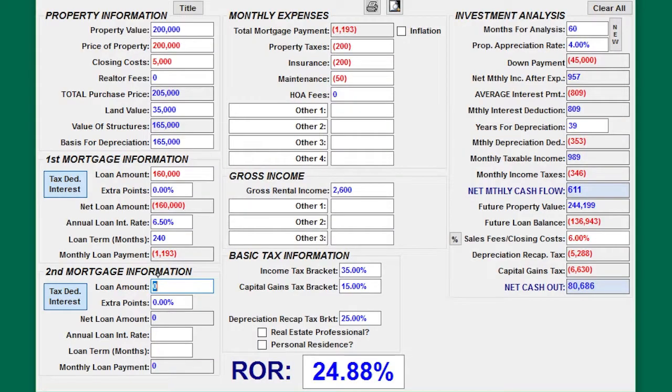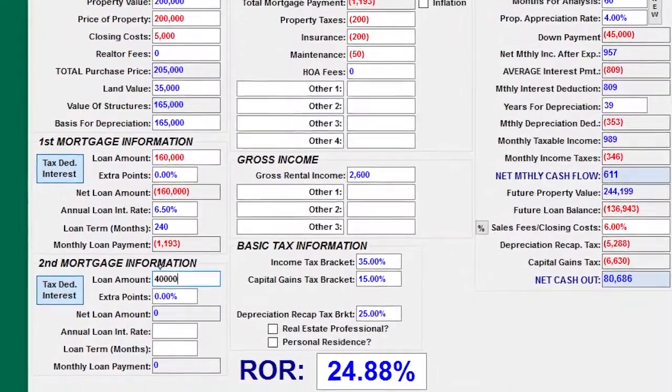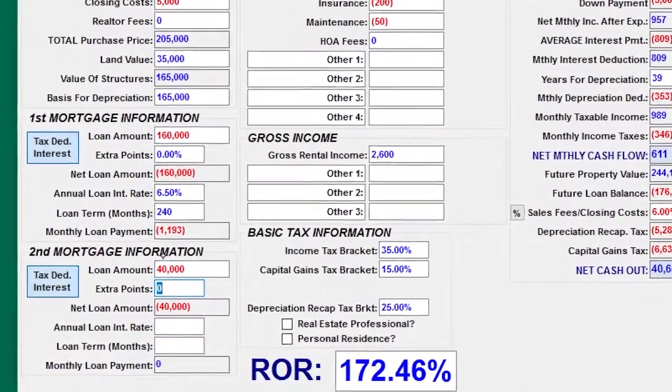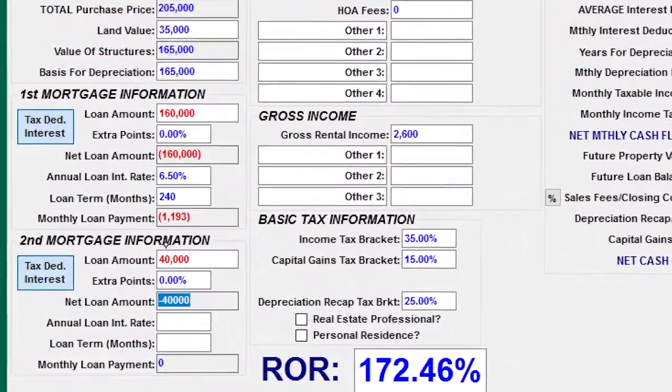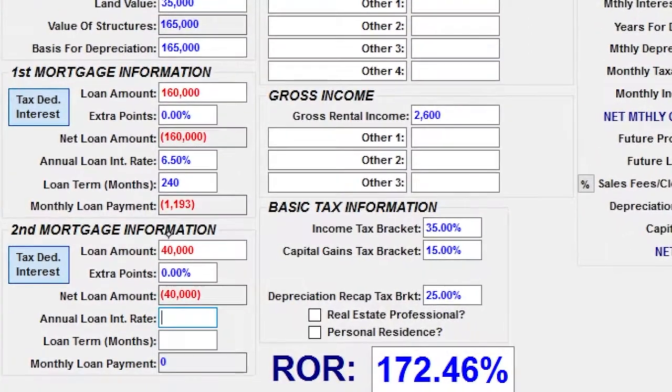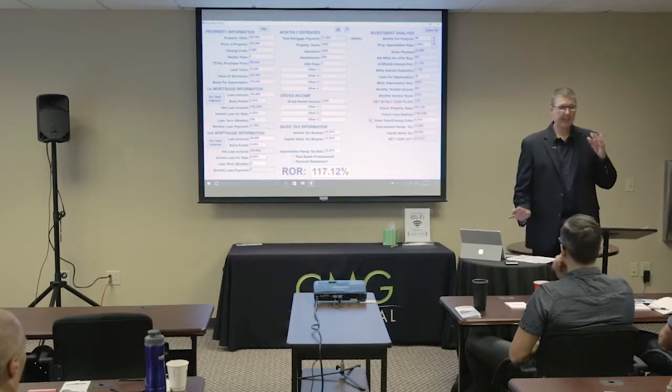So the guy said, okay, I'm going to take a loan of $40,000 out of my banking policy, and I'm going to pay 8% on that money. And this is the magic of the whole deal, is that when you have money in one of these specially designed contracts, the repayment terms are completely up to you.